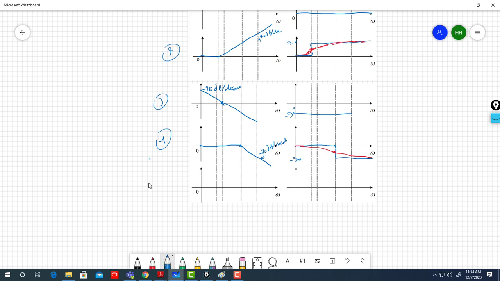And for this one, it is this way. You keep it up to here, which is the 50, then you go minus 20 decibel per decade as well. Minus 20 decibel per decade, right?